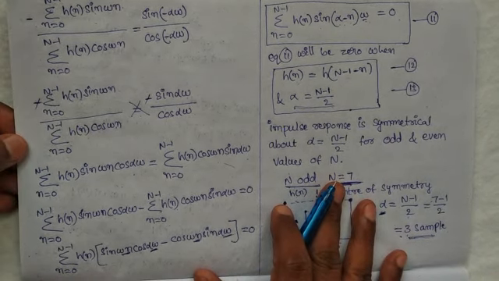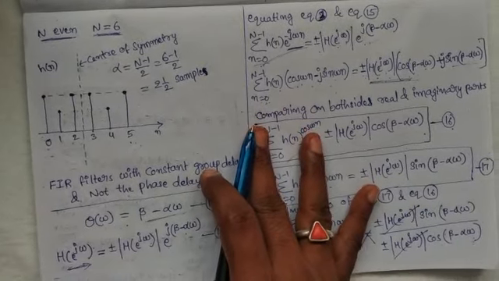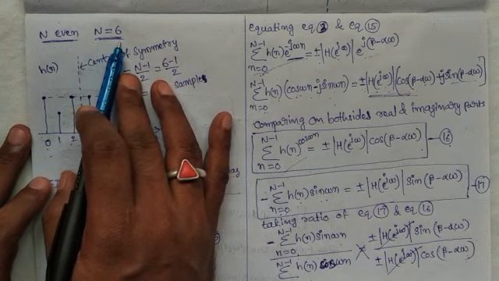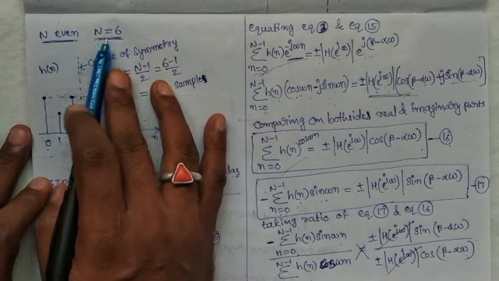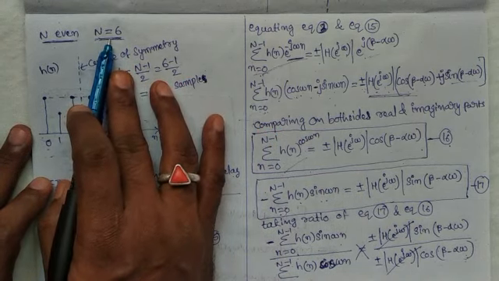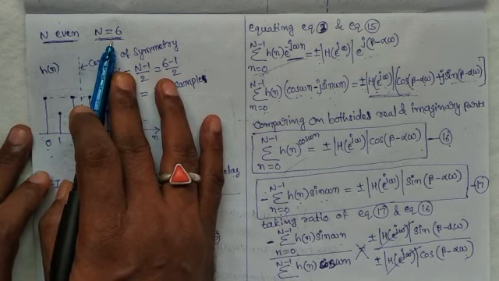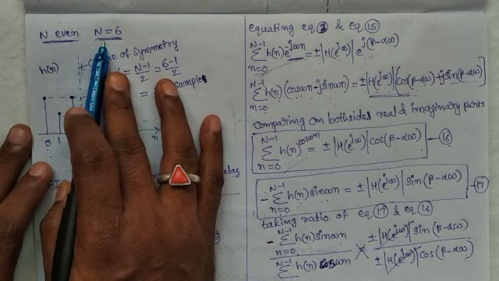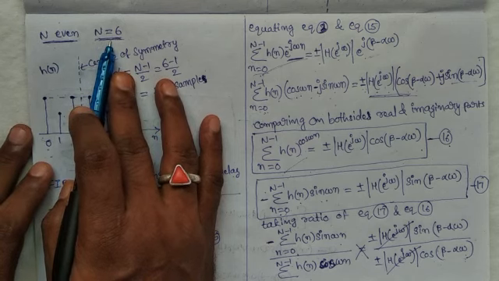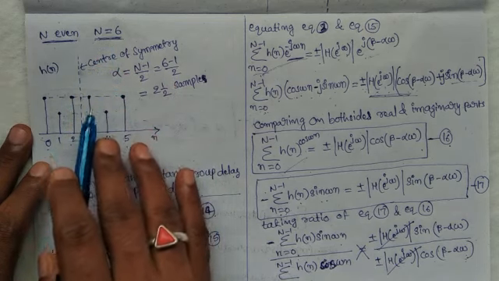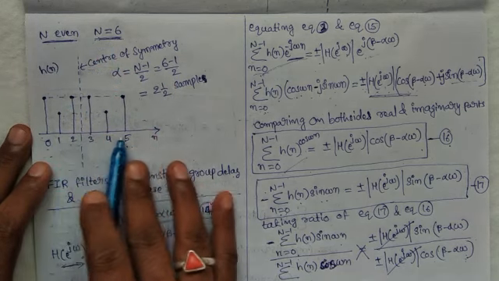Similarly, we are observing it for capital N even. Let us consider capital N is equal to 6, means the impulse response contains 6 samples. It is a causal sequence and a finite duration sequence, means it is defined for n is equal to 0 to 5.